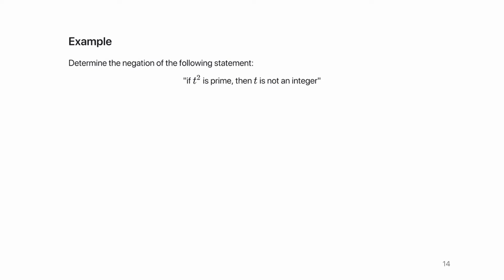Okay? So now, a question is, how do we find the negation of an implication? Consider the following statement. If t squared is prime, then t is not an integer. What's the negation of this statement? I'll let you think about it.